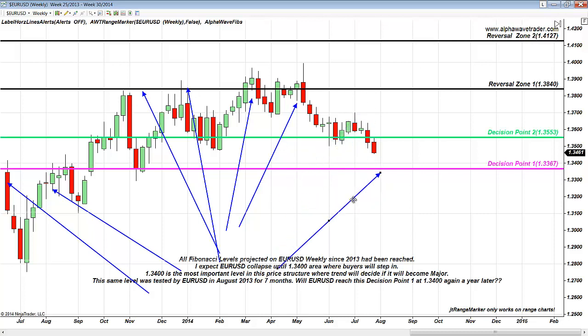This is the most important level in the market structure, as this will identify the end of the minor trend. If 3400 is broken, Euro is heading to 3200 and all the way to the 2800 area. But this remains the key, as we'll always have a minor trend, we will not always have a major trend.